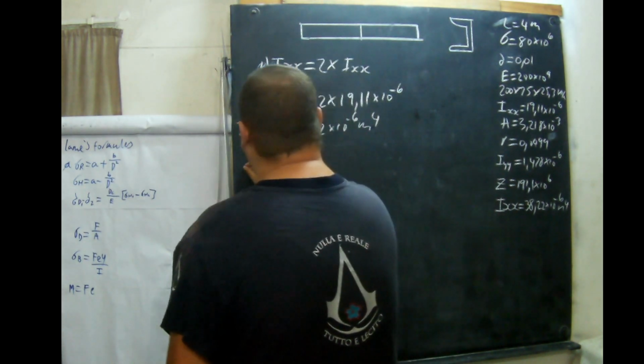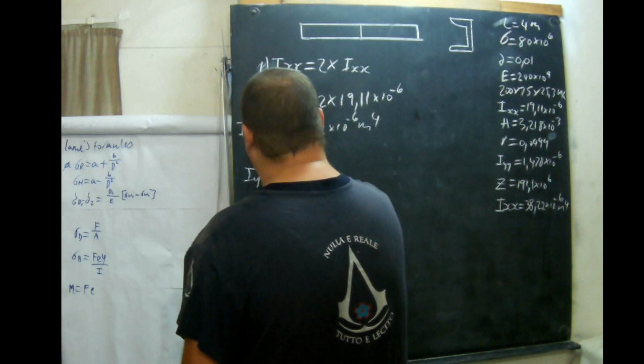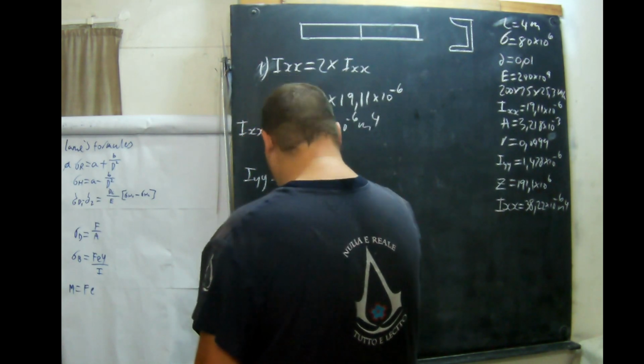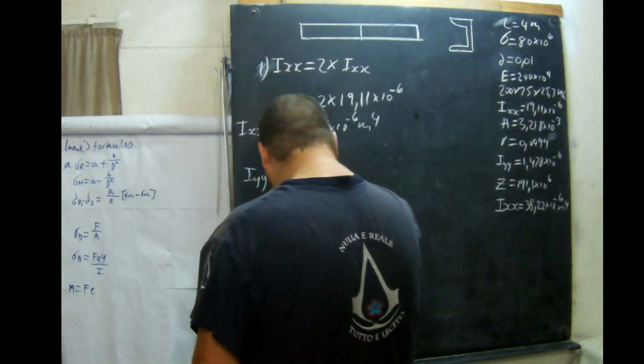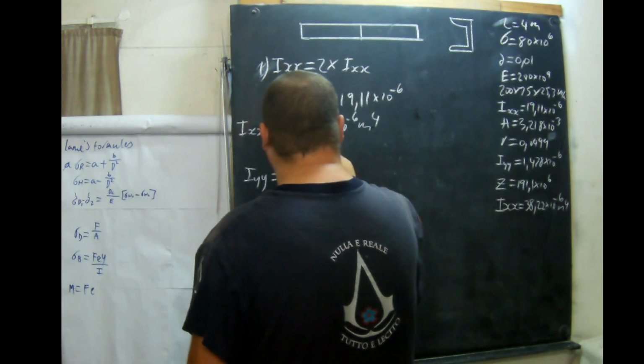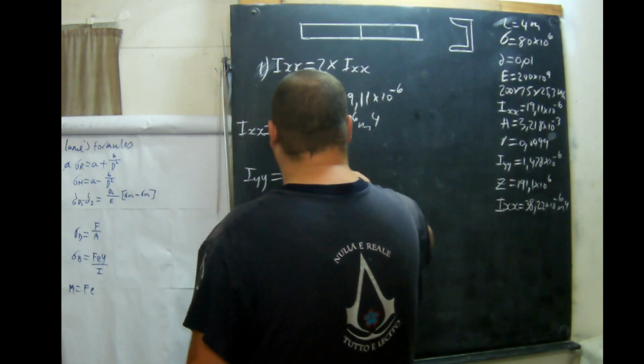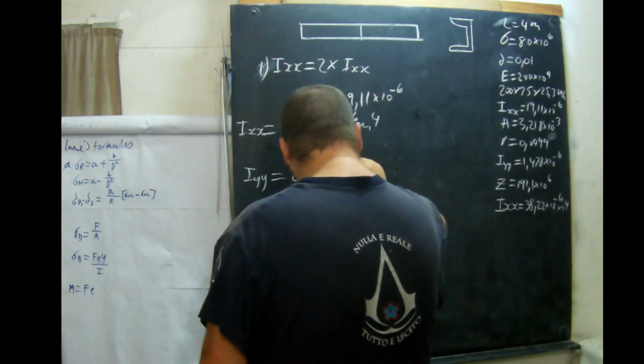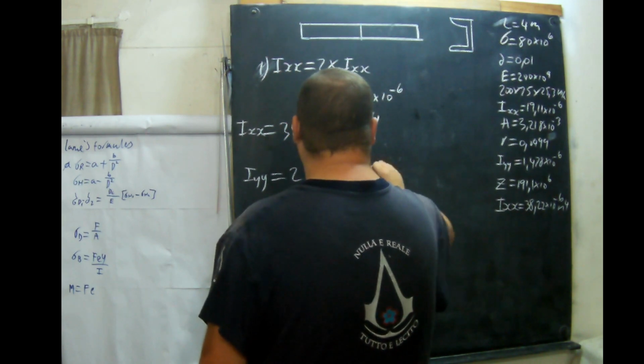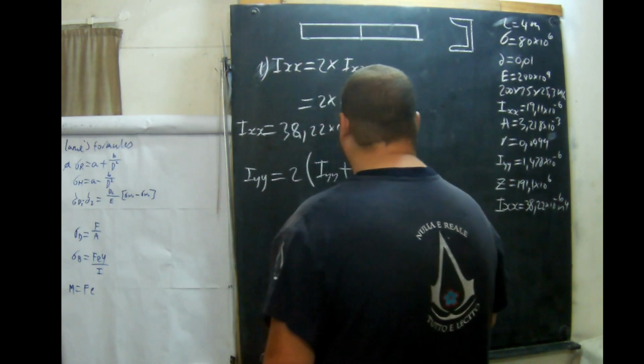So now we got I, yy equals 2 times I, yy plus A, r squared.